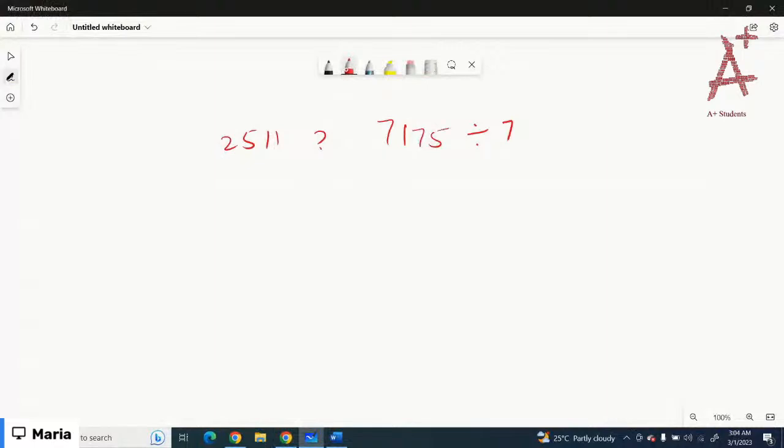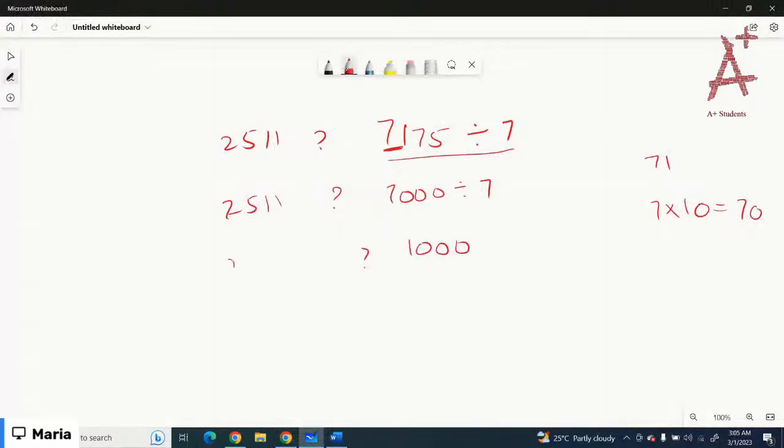So first of all, you have to solve this side. Look at the number here. You have 71. We know that 7 times 10 is 70. That means we can round this number to 7,000. Now you have to divide 7,000 by 7. So 7,000 divided by 7 is 1,000, since 7 times 1 is 7. You now have to compare this number to 2,511.